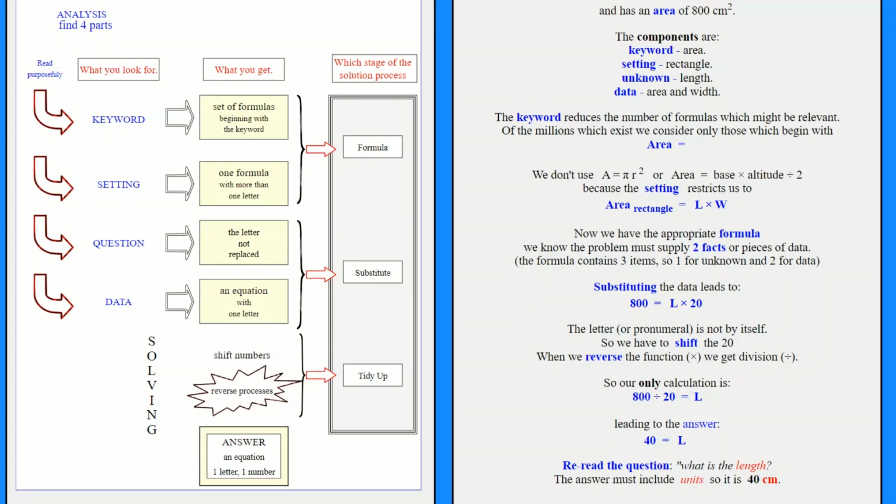But because it's a practical question, when it says what is the length, the answer must include units. And the units given in this problem were centimetres. So our answer is the length is 40 centimetres.